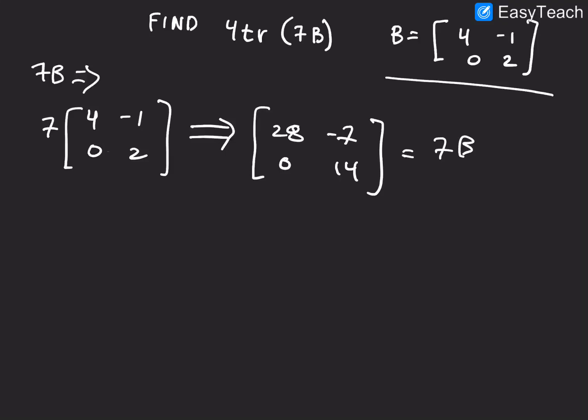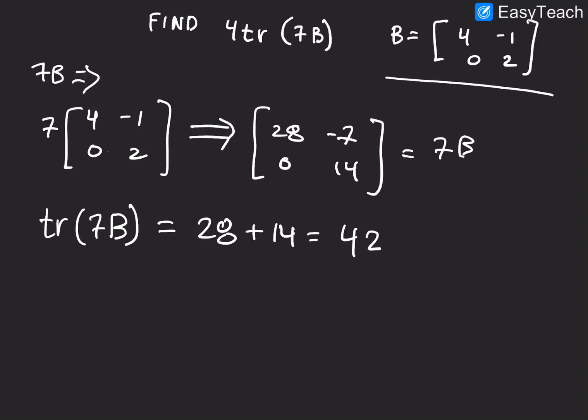Okay, let's find the trace. The trace of 7B is equal to 28 plus 14. That's going to be equal to 42. Okay, trace of 7B is 42.